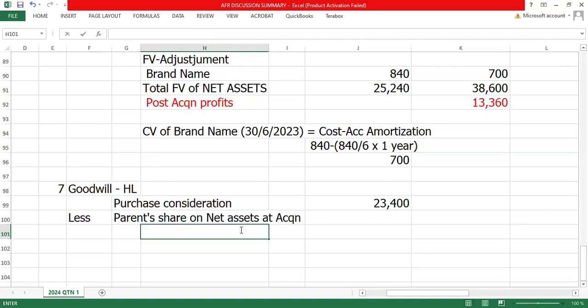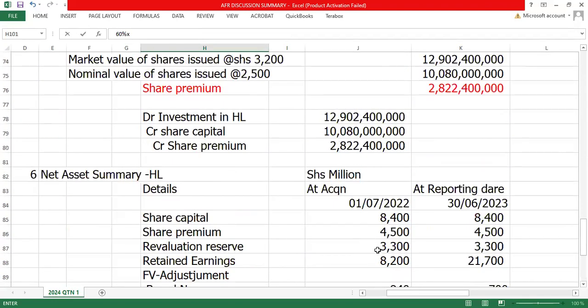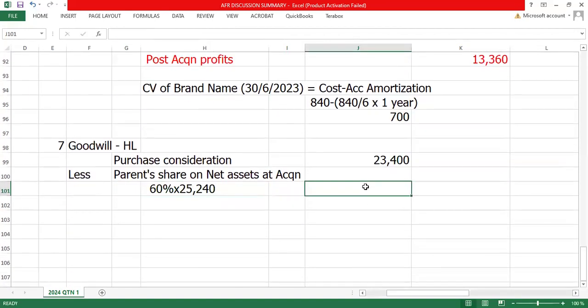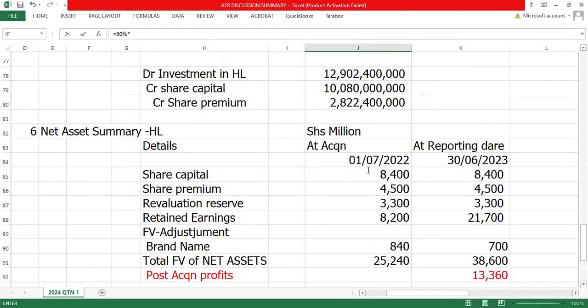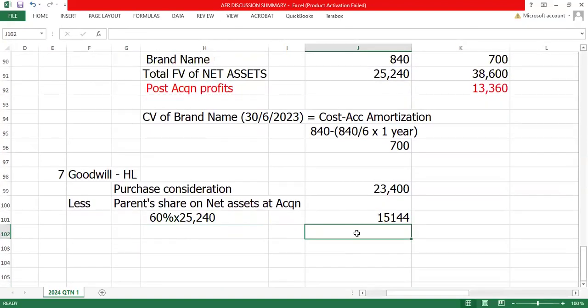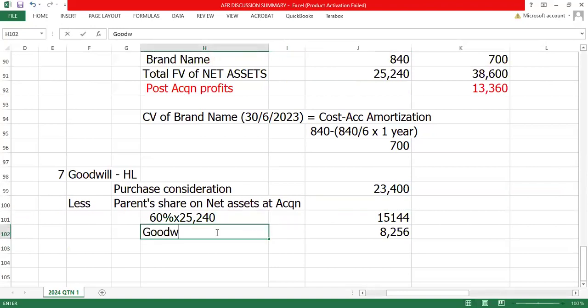As a parent, your share is 60%, so we multiply by the net assets at acquisition, 25,240. That's what I have. Then I get this minus this, and this is the goodwill of the parent. This is goodwill, but related to the parent.